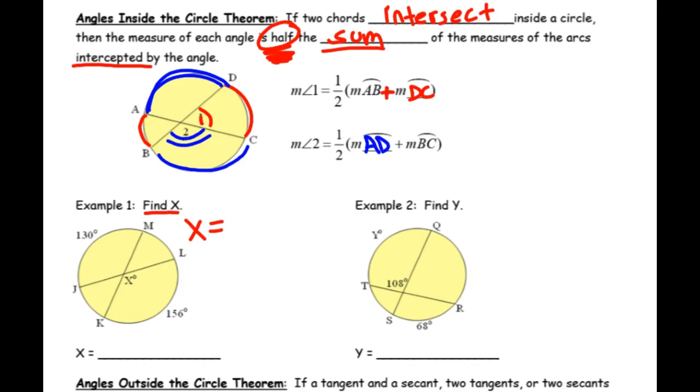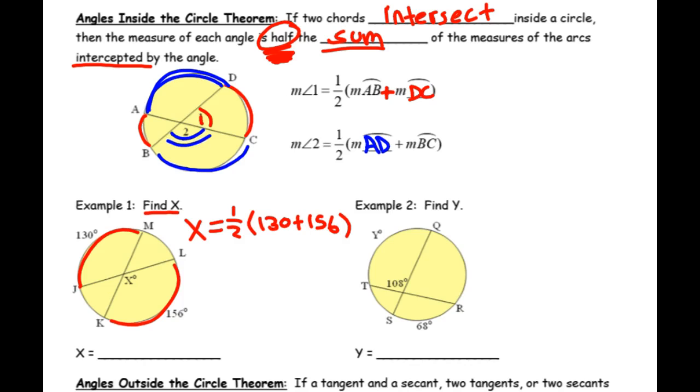Half, so I've got to put 1/2, parentheses, and now I'm going to find the sum, which means I'm going to add the two arcs, which are what plus what? 130 plus 156. So that's always how you set it up when there's an angle on the inside. Angle equals half, parentheses, arc plus arc. Okay?